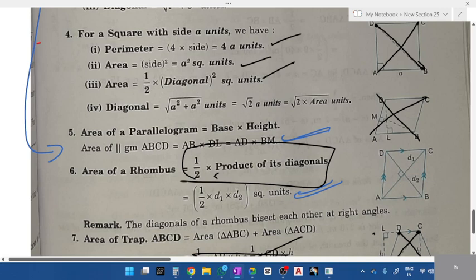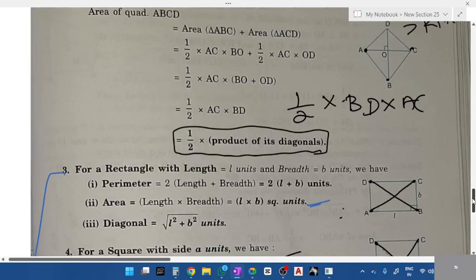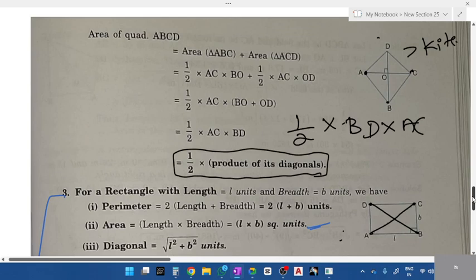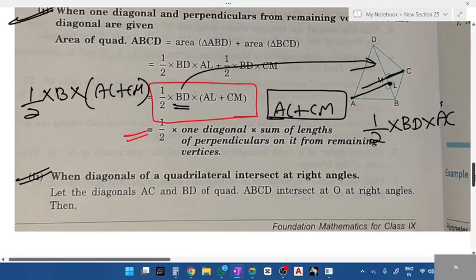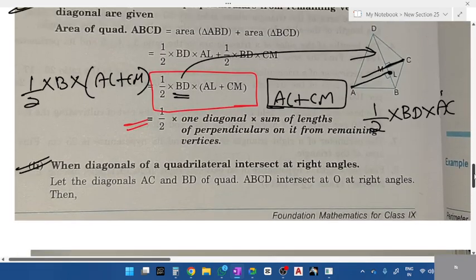Product of diagonals, D1, D2. Okay, half into. So that is rhombus. This is kite. For kite, remember half into D1 into D2, AC into BD, product of diagonals. And for the other one, which is similar to kite, but only one diagonal is straight, just add their distance.